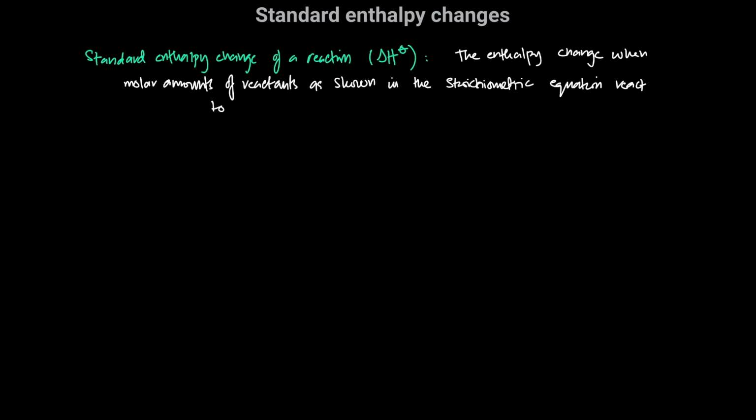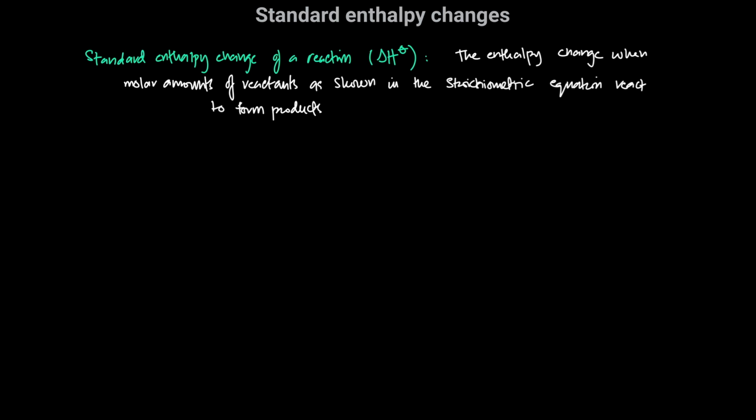Now this is just the enthalpy change of a reaction. If you were asked what is the enthalpy change of a reaction, you would say this is the enthalpy change when molar amounts of reactants as shown in the stoichiometric equation react to form products.